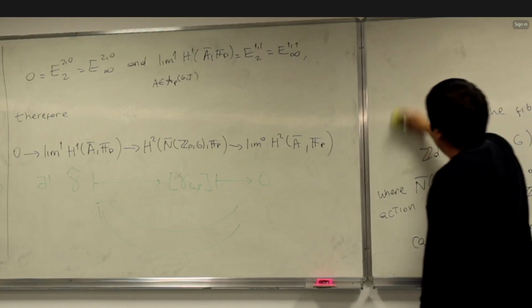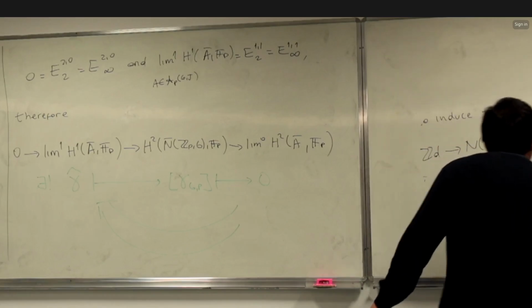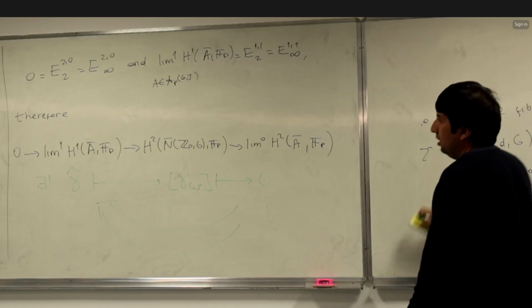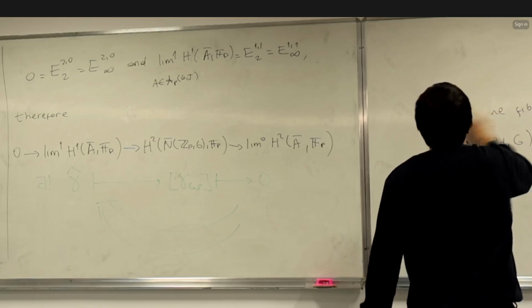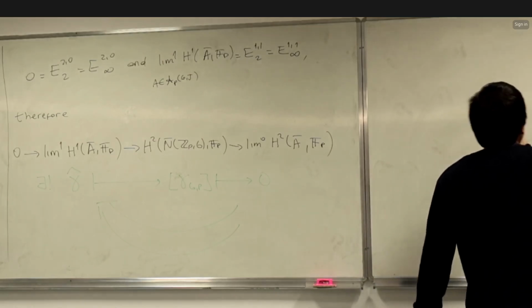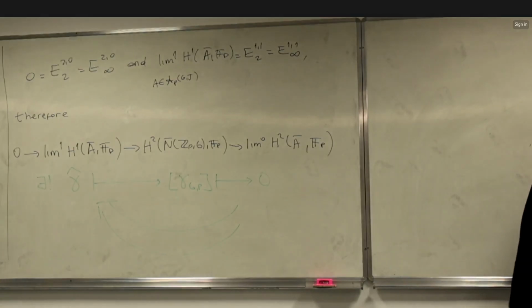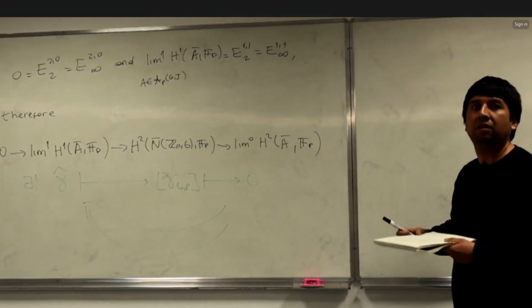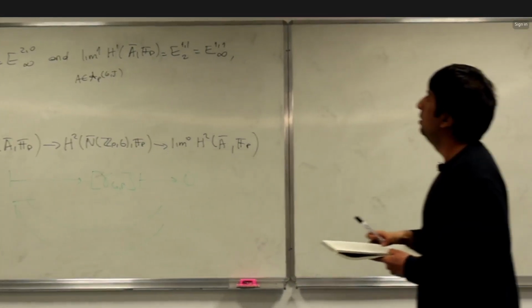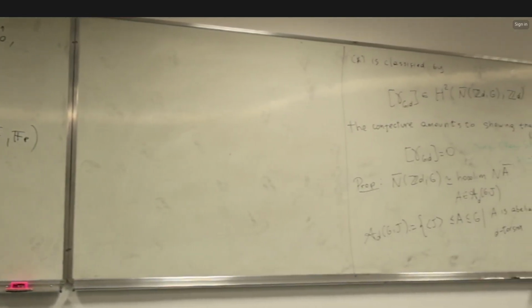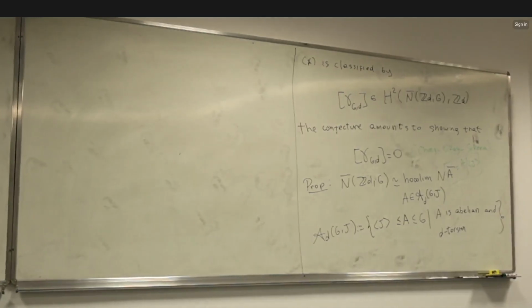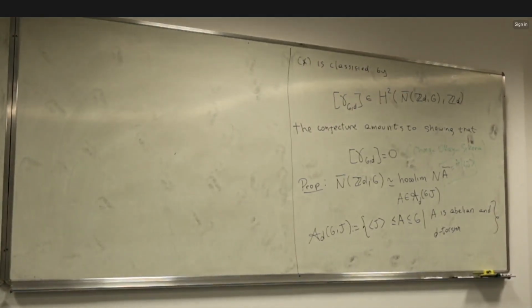But maybe it's natural to ask if lim¹ of H¹ is 0. That immediately implies the conjecture. Because of the form of the spectral sequence, yes, they're not differential.